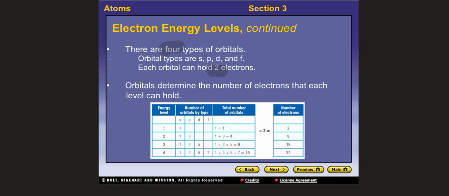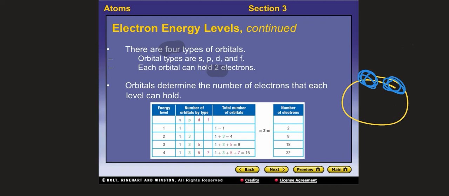So these levels are the rings that we were showing in the previous slides. And so in the first energy level, you can have one s orbital, and that one s orbital holds 2 electrons. So the first ring holds 2 electrons. Energy level 2 has one s and 3 p orbitals.